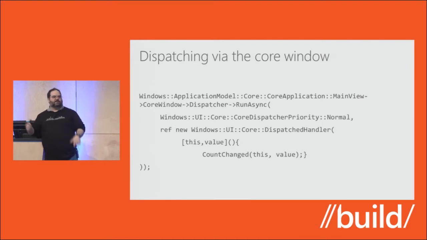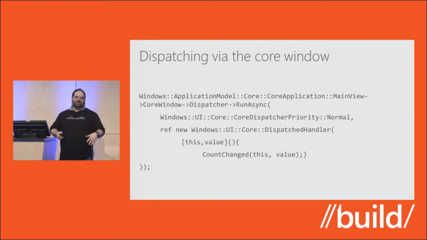There is equivalent C# code for this, and it looks almost like this, where you can just go grab Windows Application Model Core, Core Application, Main View, Core Window, and there's the dispatcher. And you can just call run async on that, and that will queue up to run that Lambda later on the main window.